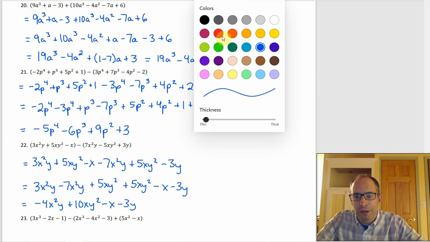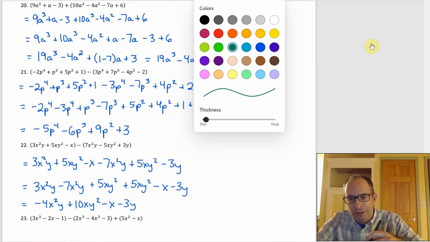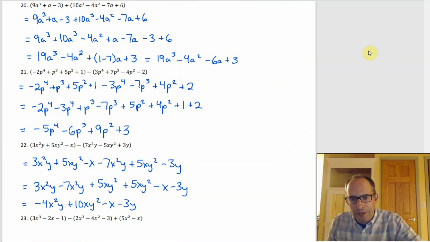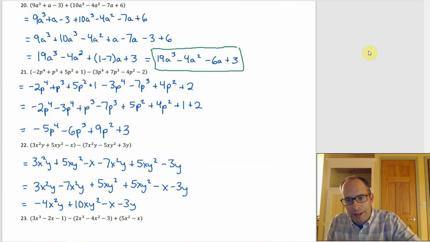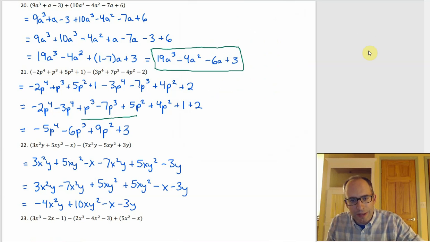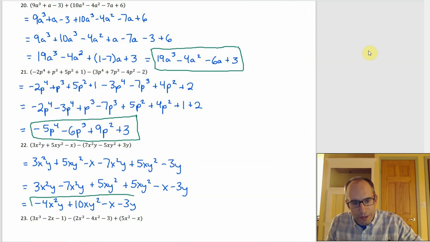And actually, I was going to box in the answers, but I don't want to use the same color because everything's kind of cluttered in here. So let me box in this guy and this guy and this guy. And then we can get to the last one.